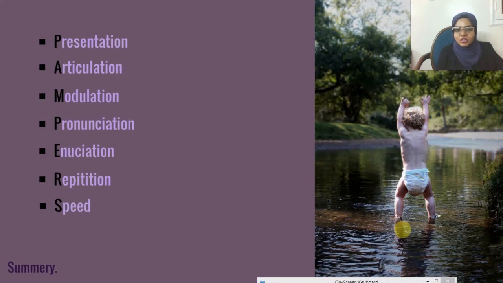Modulation: how you change your voice. Your voice tone is very important when you are delivering a presentation. When you feel like people are slowly losing concentration, you can raise your voice and repeat it again and again, so that you grab their attention back. So, modulation.